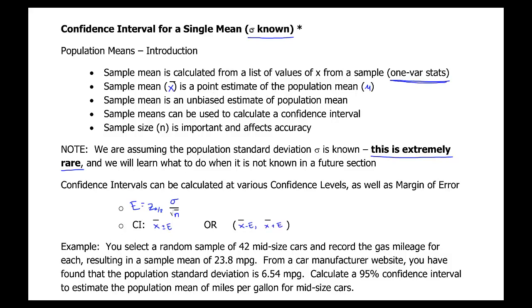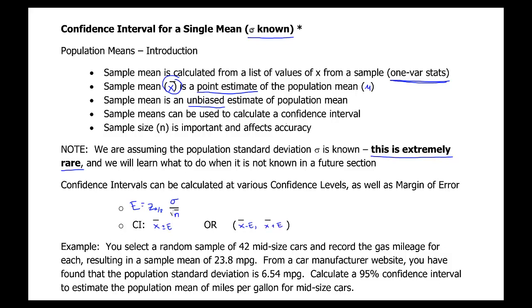When you see the term point estimate, remember we're talking about the sample mean. Just like in proportions problems, where the point estimate was the sample proportion. It's unbiased, which just means that the sample mean will represent the population mean.